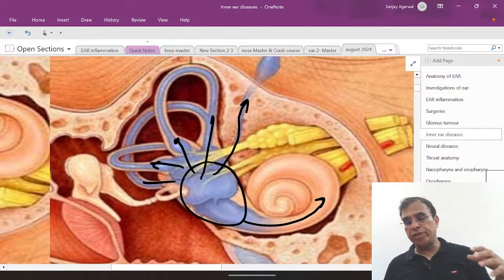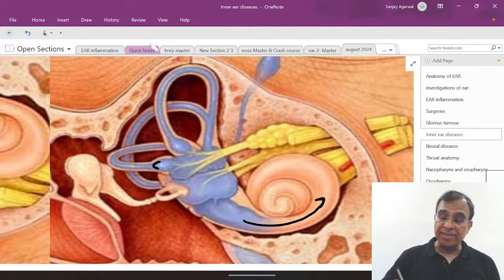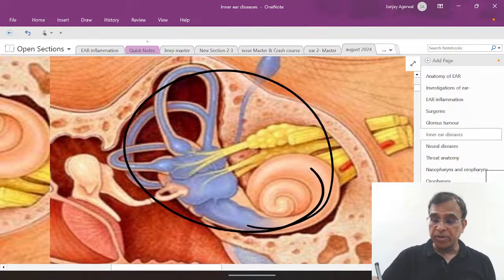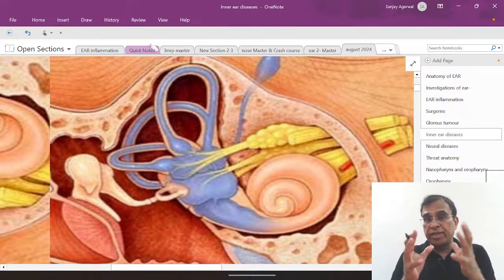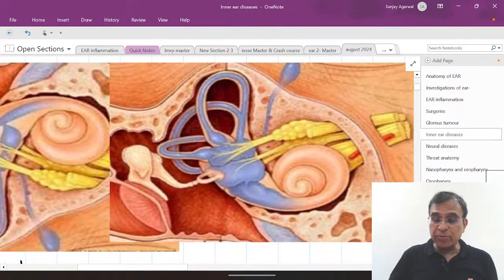If the amount of fluid here reduces, the symptoms will disappear or at least improve. So, Meniere's device is doing exactly the same thing. It is redistributing the fluid in the entire inner ear so that there is no accumulation of extra fluid in the small area. So, that's what the device does.